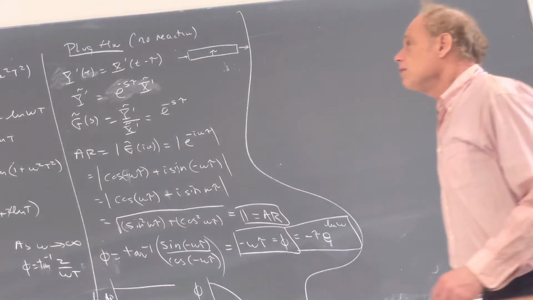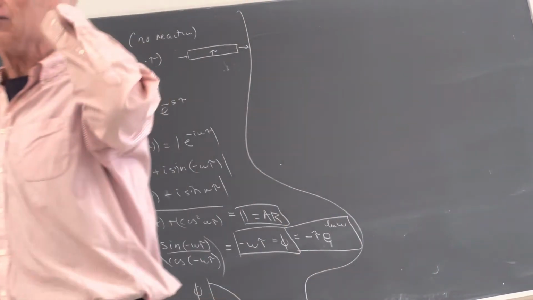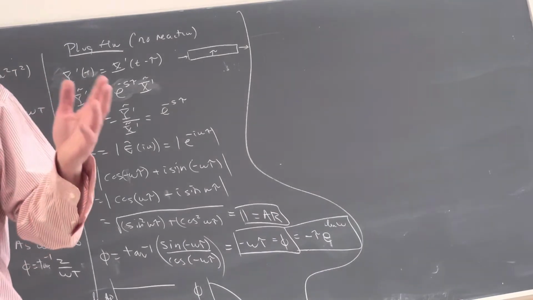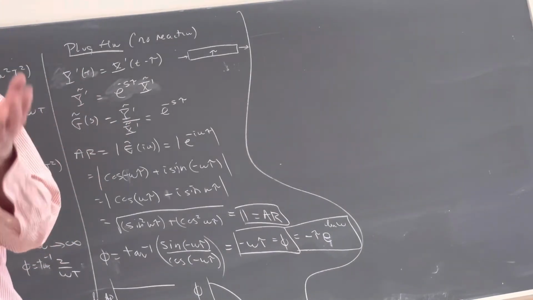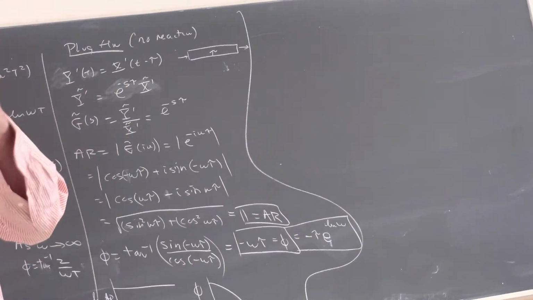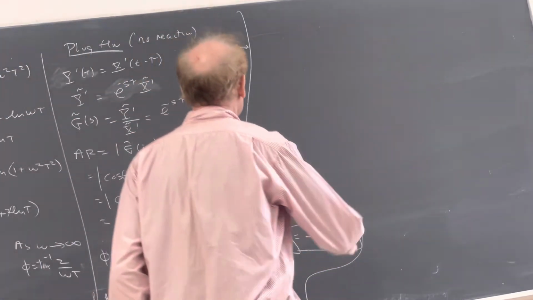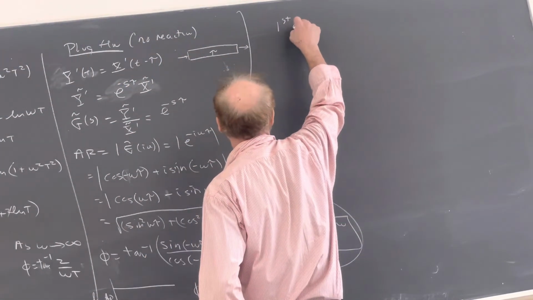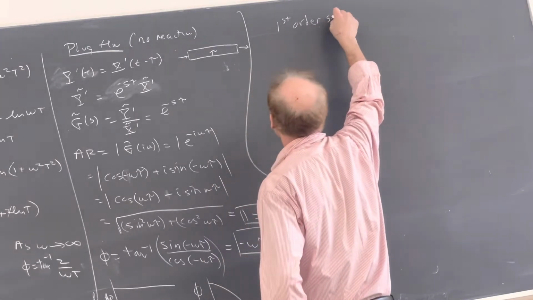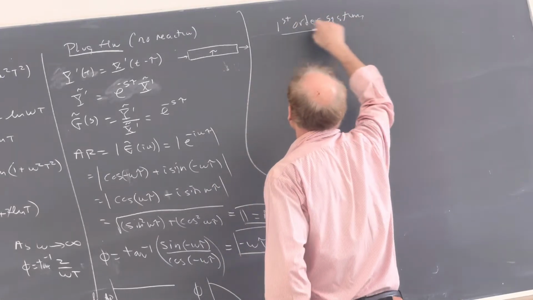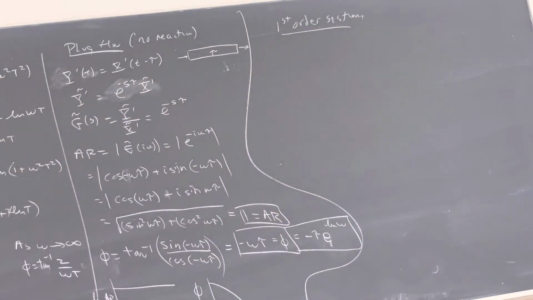Okay, so what I'm going to do now, in chapter 5, is to formalize some of the algebra we did before, put it in a standard form. If we look at what we call first order systems, which is essentially what we did here, I want to put it in a standard notation.